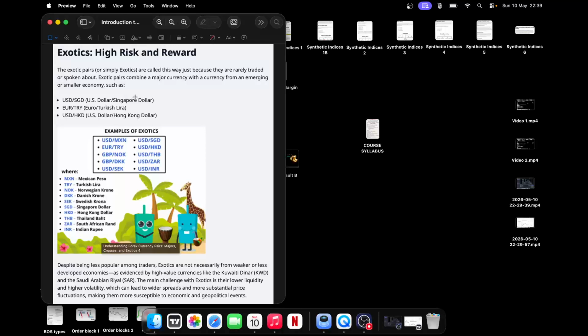It's like someone in Singapore trading Singapore dollar with US dollars, or trading Turkish lira to euros, or Hong Kong dollar with US dollars. All these pairs are called exotic pairs. They are very, very less popular. Because of that, they can dump at a particular time, or they can just spike up. So they have high risk or high reward.